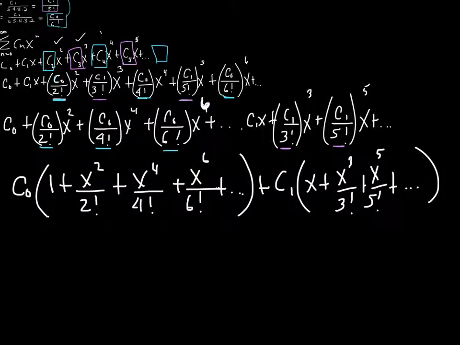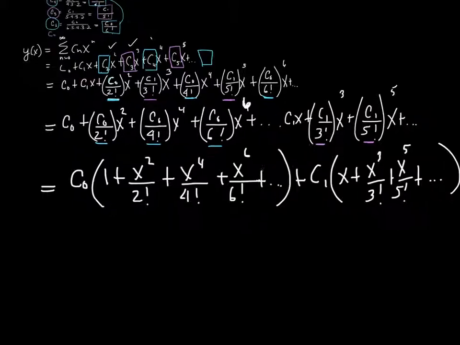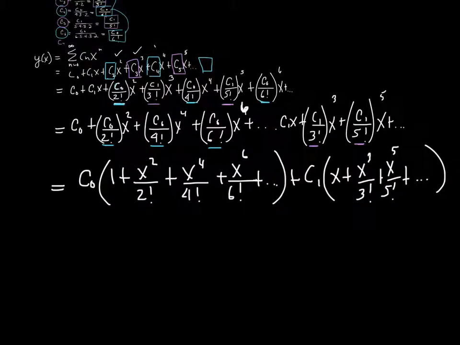Okay, so we've done the hard and very tedious part. But remember the problem: the goal says to find two linearly independent power series solutions of this given differential equation. Here we have an infinite power series, and here's another infinite power series.